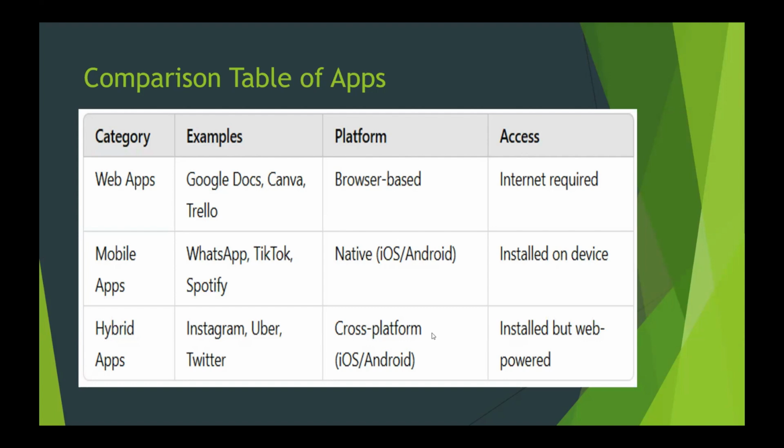Mobile apps, for example WhatsApp, are native, mainly based on iOS or Android, and must be installed on the device. Hybrid apps are cross-platform: only one code base that can be used by any operating system, any device.